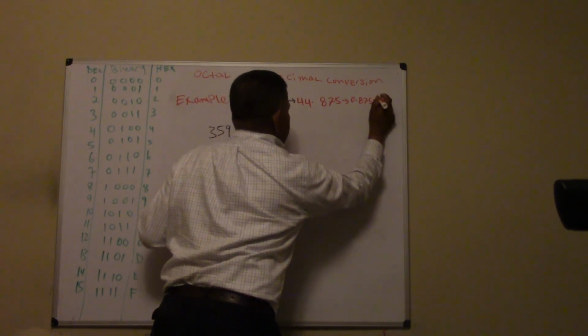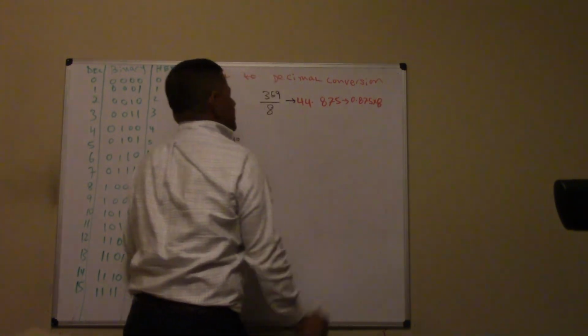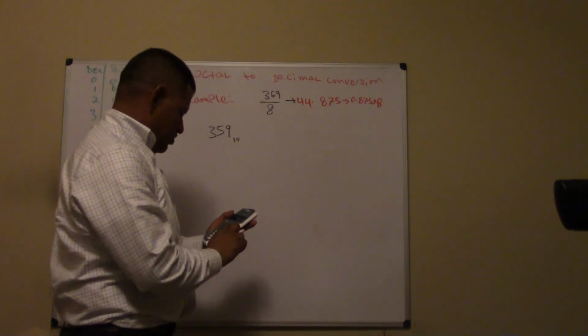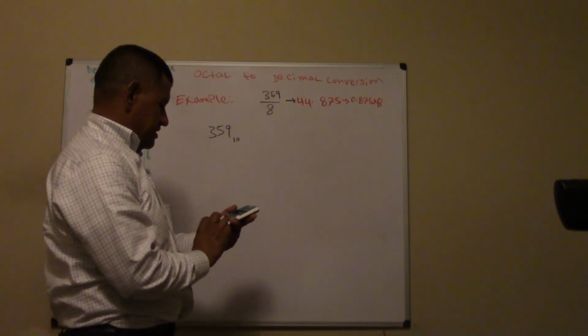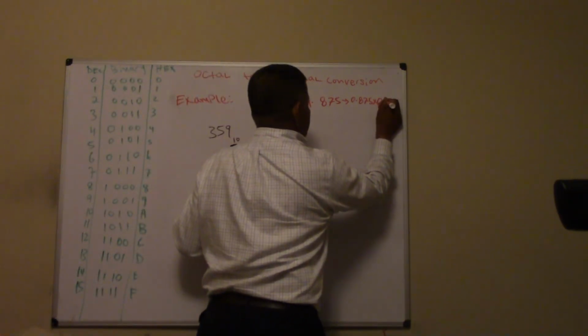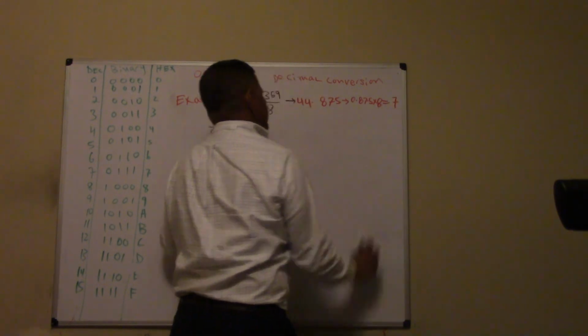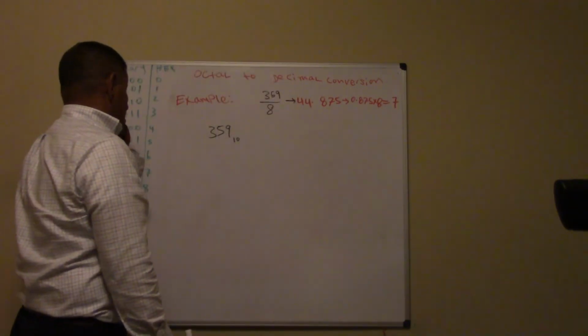It's times 8, I'm doing 8. So 0.875 times 8 is going to be equal to 7.